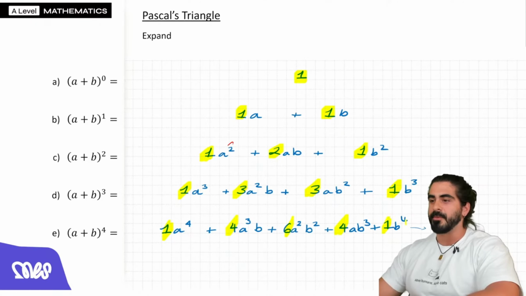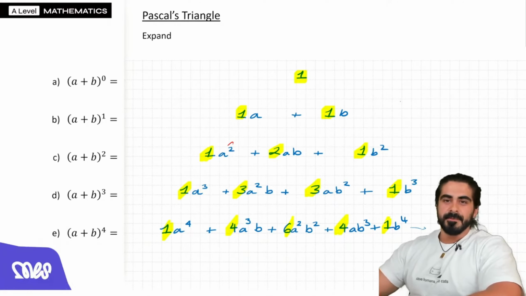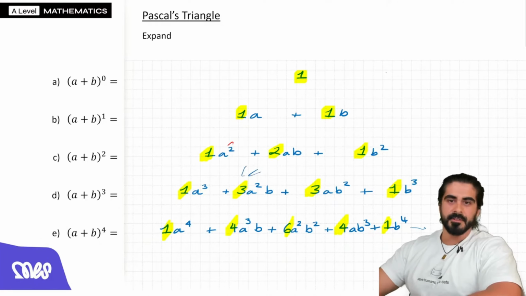I've structured this so that you can see the triangle. So this is Pascal's triangle. It's really cool.